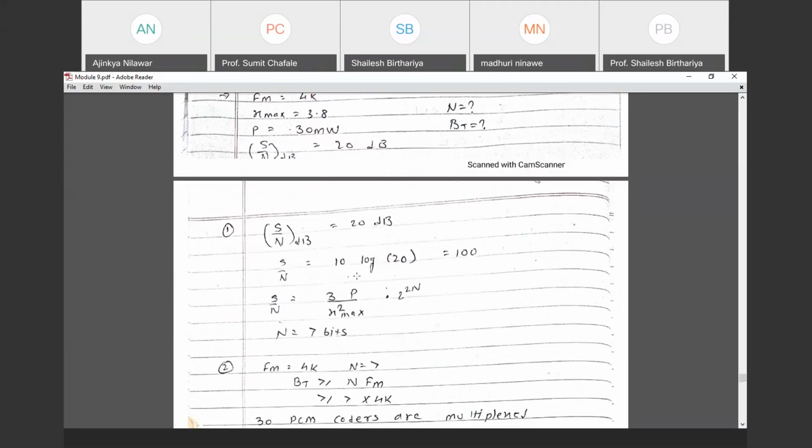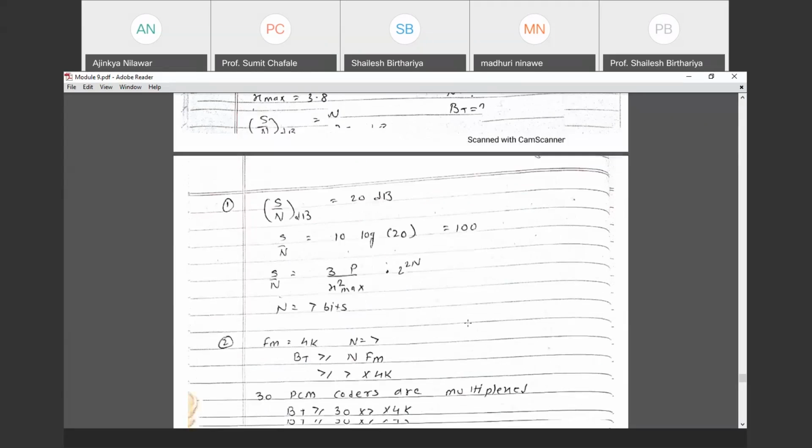So signal to noise ratio in dB, you know that 4.8 plus 6N, is given as 20 dB. From that, we can calculate the signal to noise value as 100. We have the formula for noise power, 3 into P divided by x square max. Here P is the noise power, x square max is the amplitude level, and N is the number of bits. By putting all the values, we get 7-bit information.